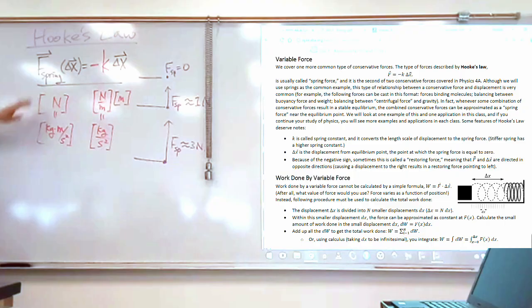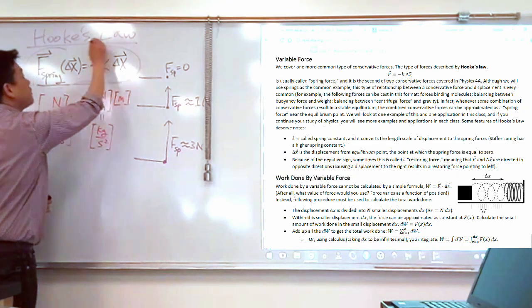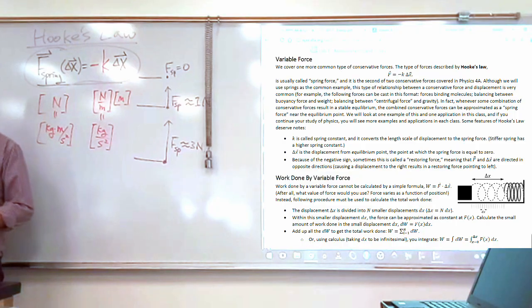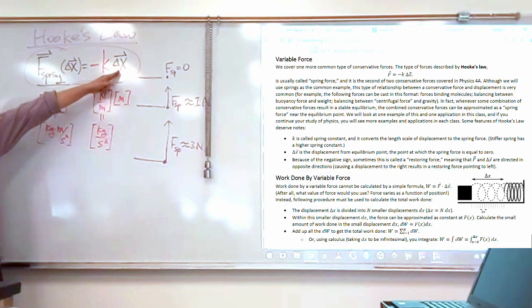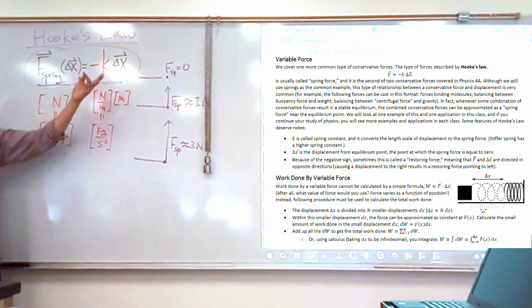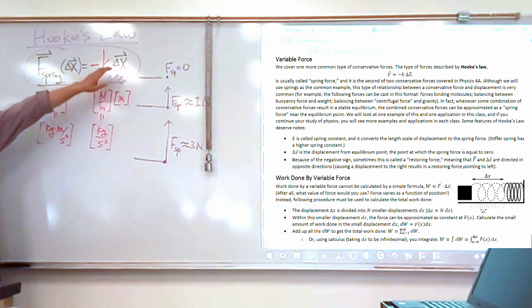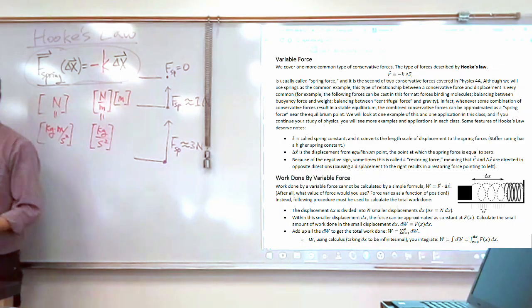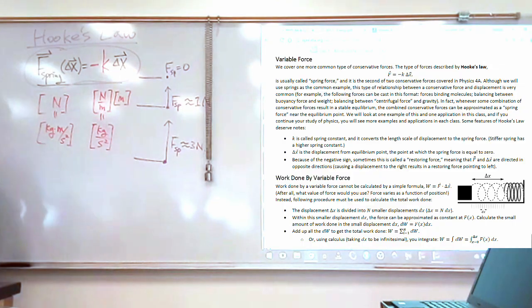So this is the spring force, and what this expression is telling you is that the spring force is not a constant. It's a force that depends on position. And what we want to say is that somehow even this is still predictable enough to be considered a conservative force. In what sense is this predictable?